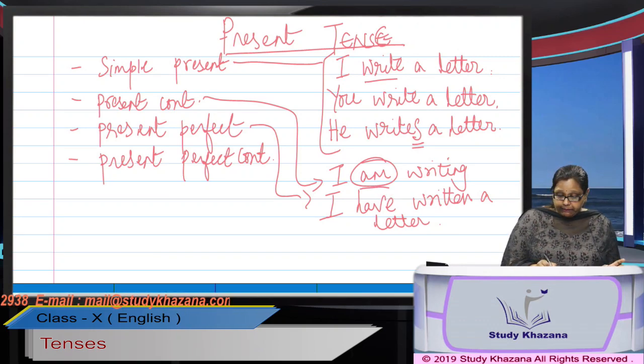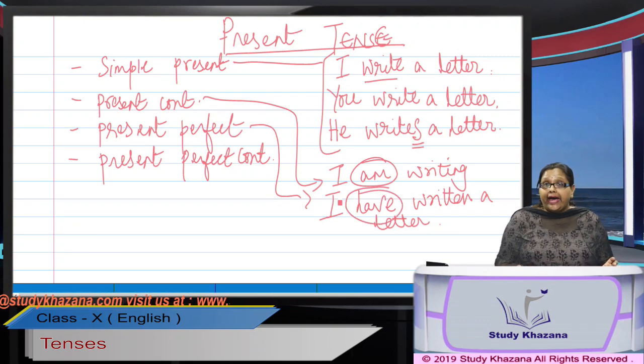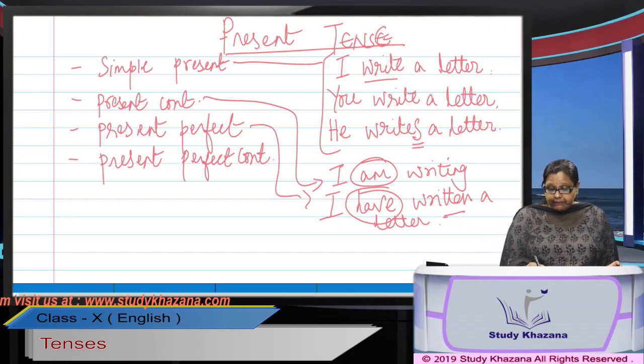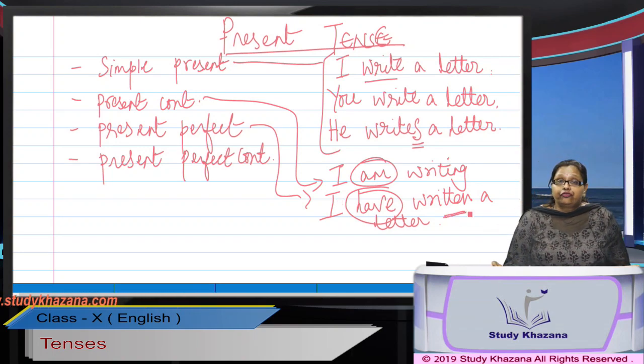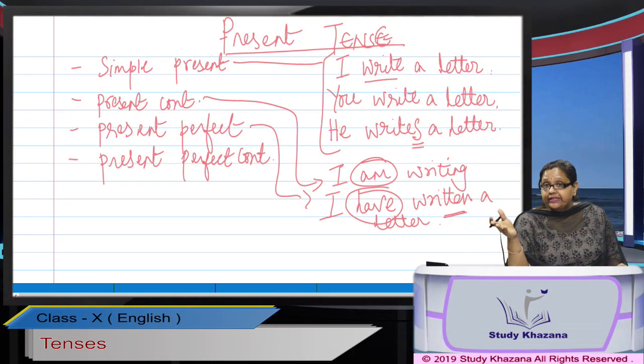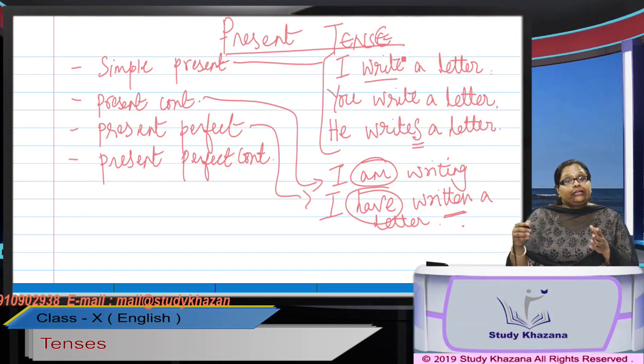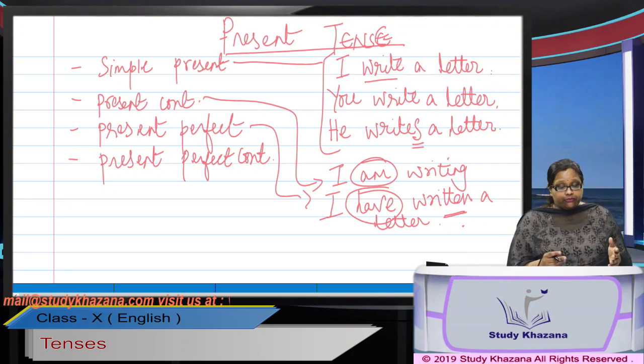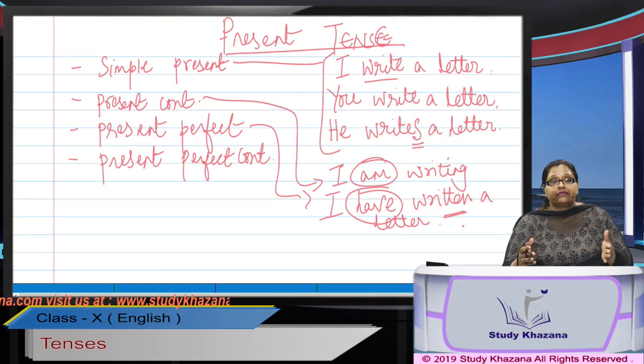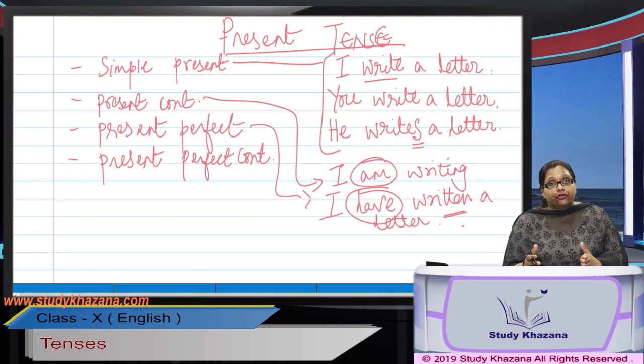In the perfect one we have used have, and the main verb comes in the third form. V1, V2 and V3: V1 stands for present tense, V2 stands for past tense, and V3 is the third form of write, that is written. So the forms are write, wrote and written. Right now I am focusing on present tense only, that's why I am discussing this present form only.